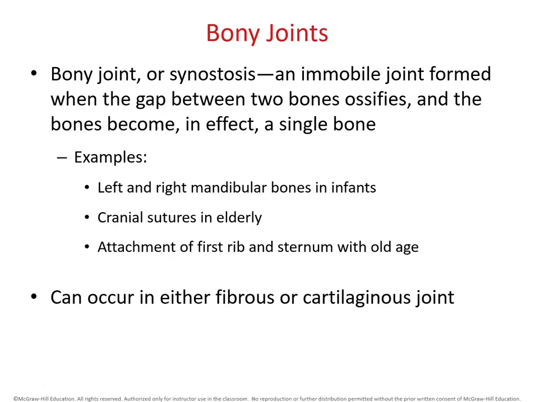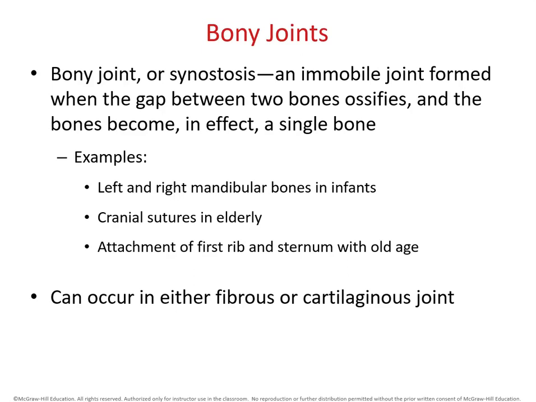So bony joints are also called synostosis. Bony joints are immobile. They are unable to move. And they're formed when a gap between two bones ossifies. And that bone, after ossification is complete, is essentially functioning as a single bone.